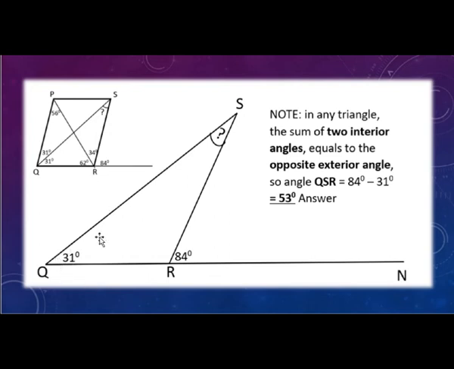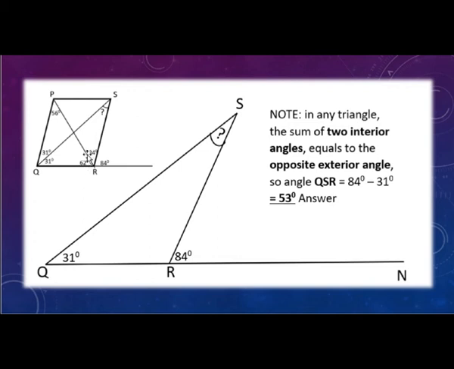We could have also used this triangle, again the interior angles, we know that they add up to 180. So if we add this 31 plus 62 and 34, which gives us 96, and we subtract from 180, we should be able to get this angle here, because interior angles of a triangle add up to 180.